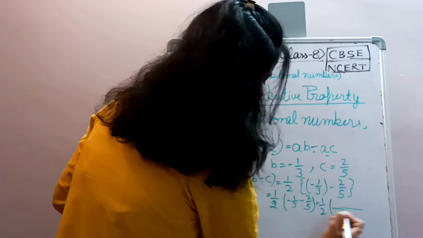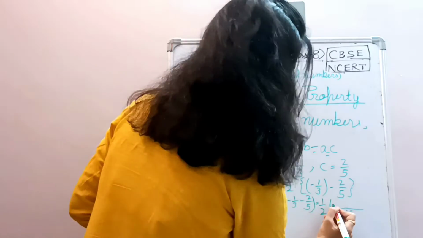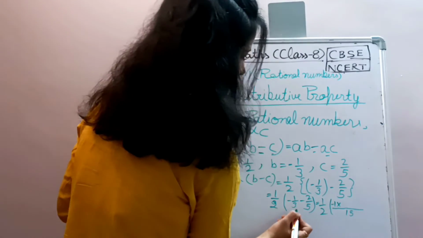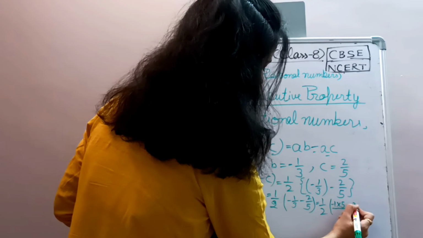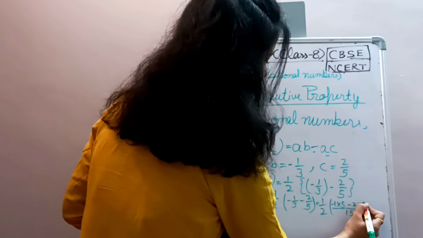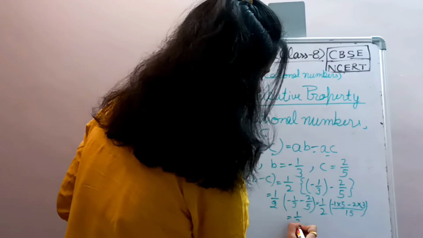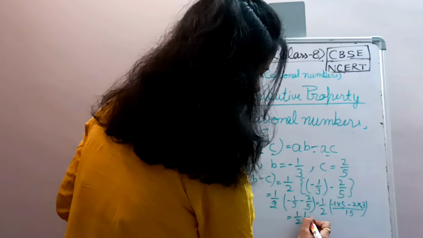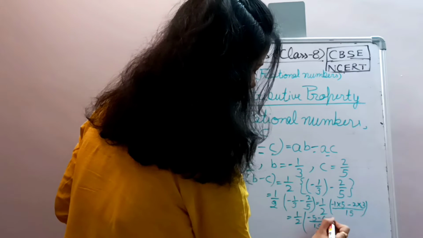We will take the LCM of denominators, which will be 15. Minus 1 multiplied by 3, 3 fives are 15. Minus 2 multiplied by 5, 5 threes are 15. Just solve it, and we will get 1 upon 2 into minus 5 minus 6 upon 15.